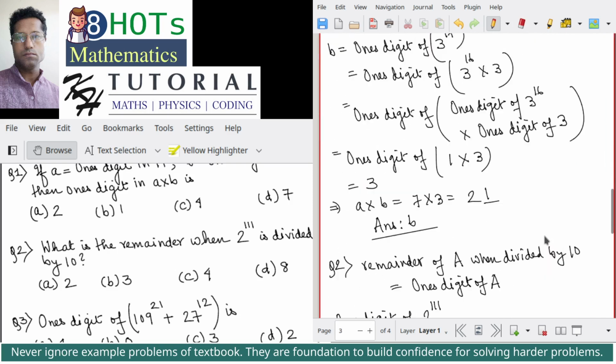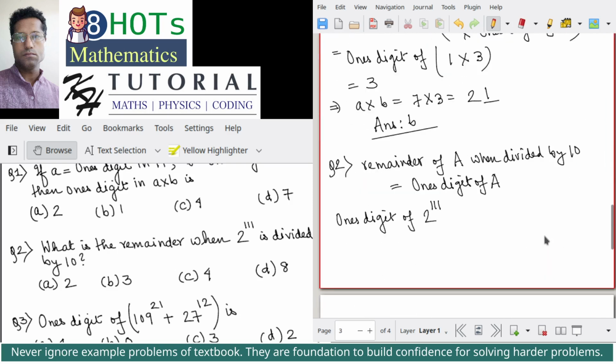So I will try to express the power 111. I will break the power into two parts, one part which is a multiple of 4. So I can write the ones digit of 2 to the power 111. What is the number less than 111, but also a multiple of 4?